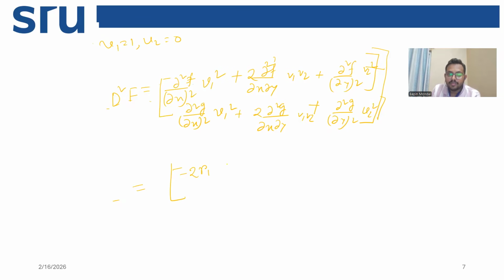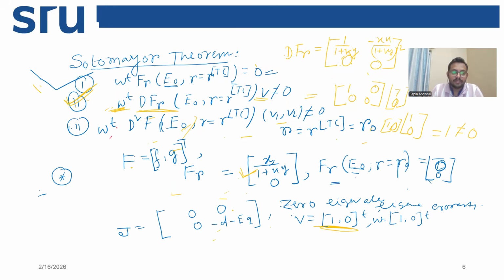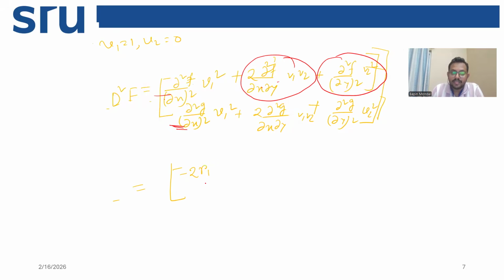We do not need to check the remaining terms because v2 is 0, so whatever the calculation gives becomes 0. Also for the second equation we do not need to check, because finally we multiply by WT, which is 1, 0, so whatever the second equation gives is multiplied by 0 and becomes 0. So no need to calculate the second one.